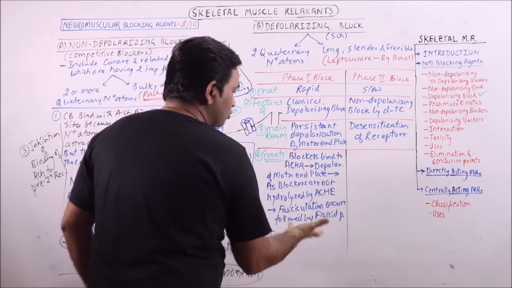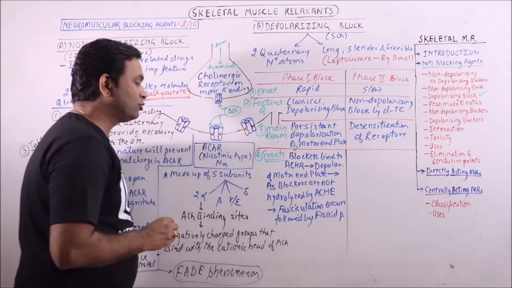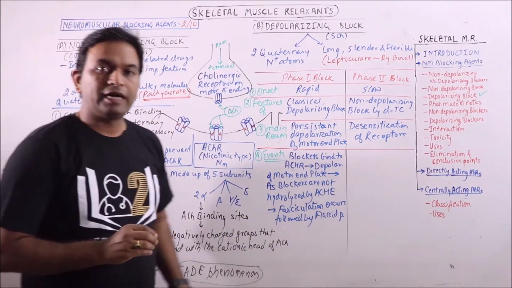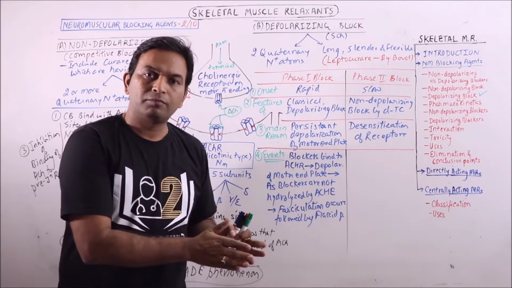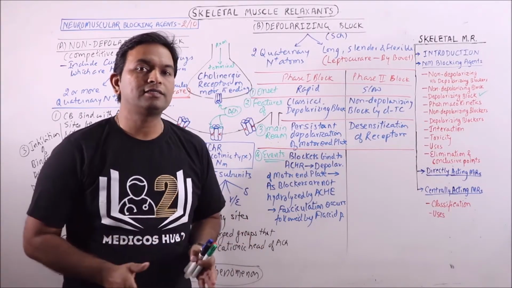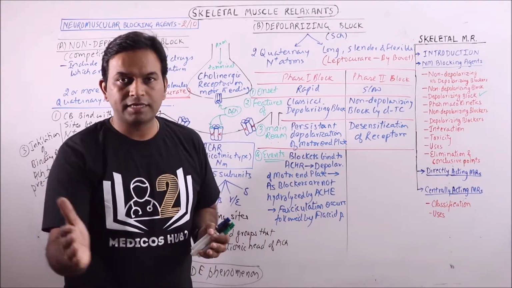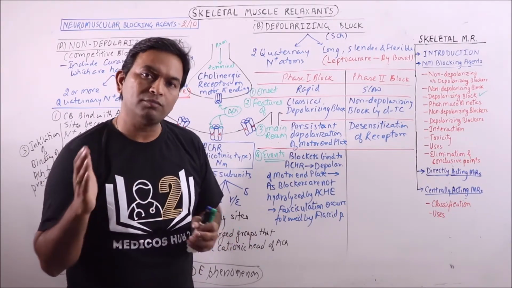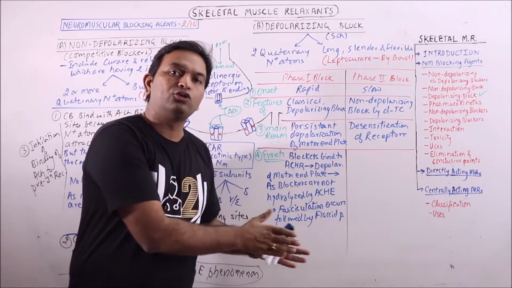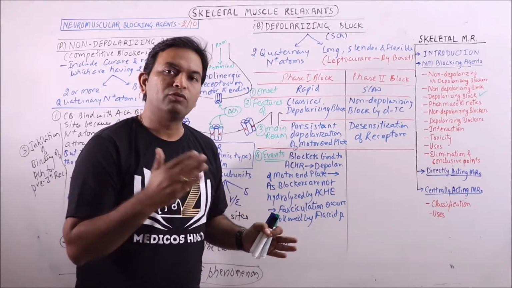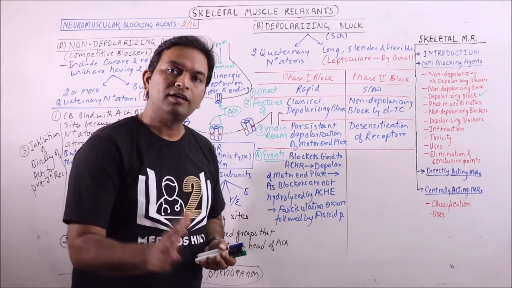Now what will happen? How will this be relieved? It's important to note that plasma cholinesterase is found in plasma, which will hydrolyze the molecules of succinylcholine in plasma, and then this succinylcholine will gradually diffuse from the neuromuscular junction into the plasma. So it will be removed gradually and the block will be relieved.